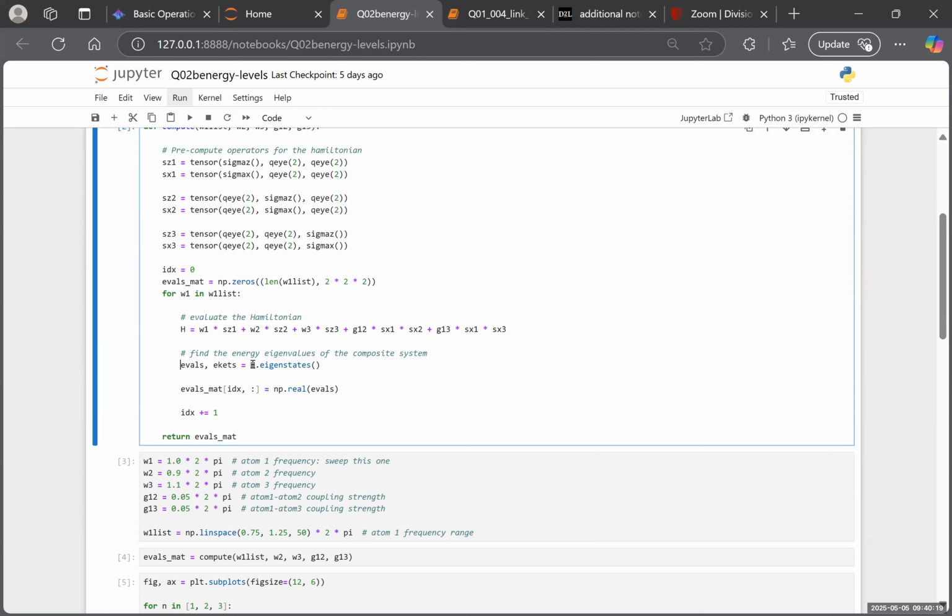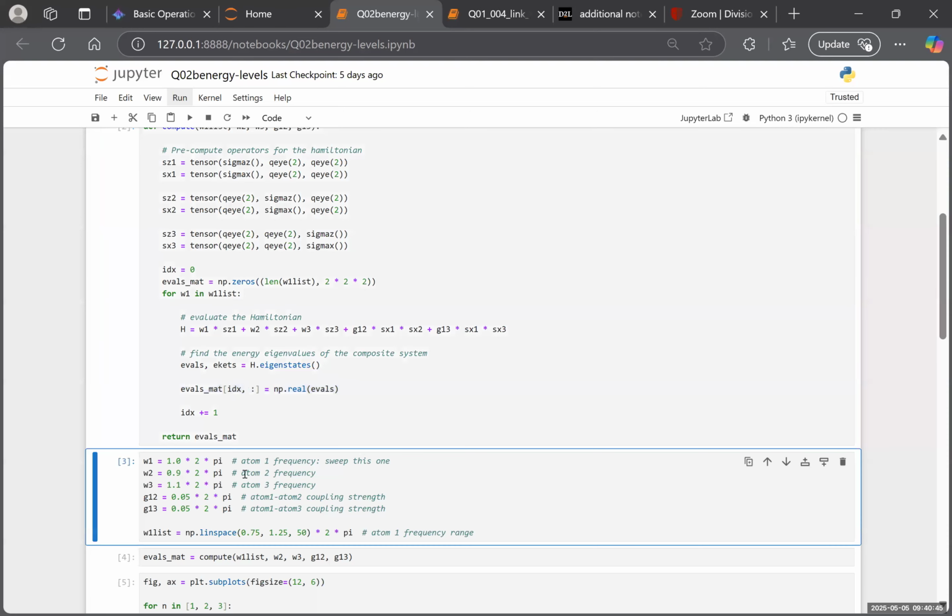So what it's doing here is to diagonalize that. To diagonalize that, QuTiP has this function eigenstates, where it returns eigenenergies and eigenstates. Okay, and then you really just are storing this energy in that, and you run through all the W1, and so this is the function to do that.